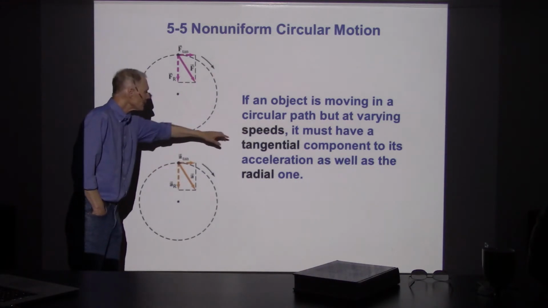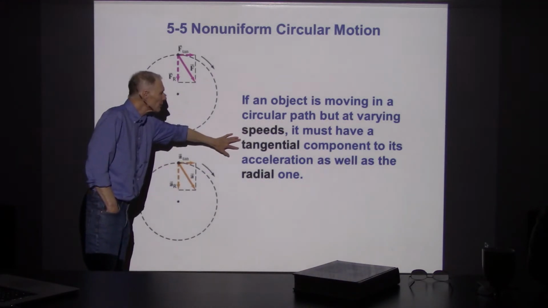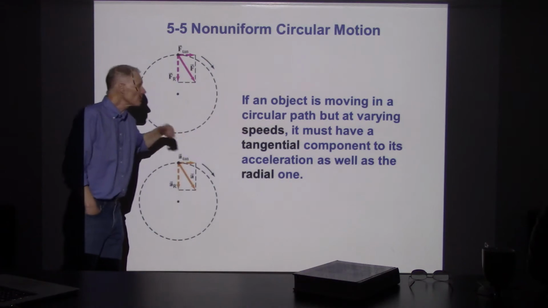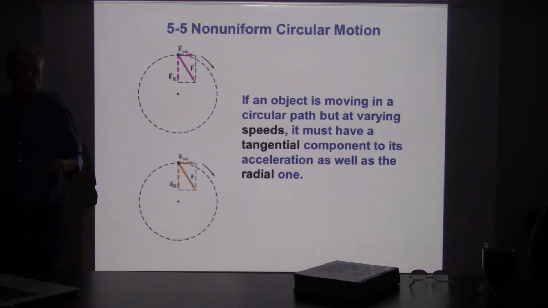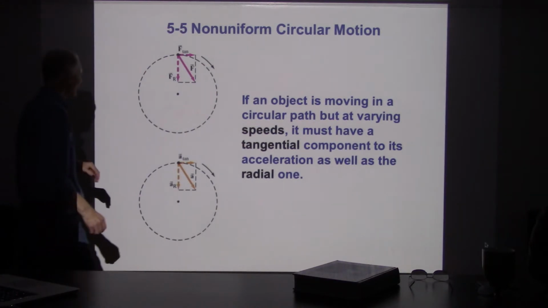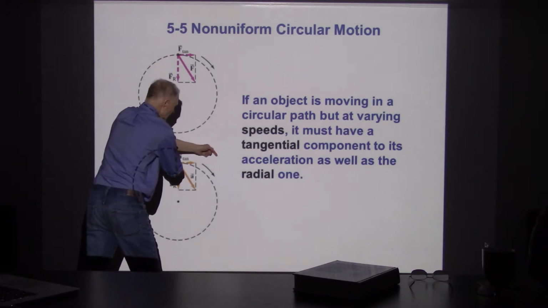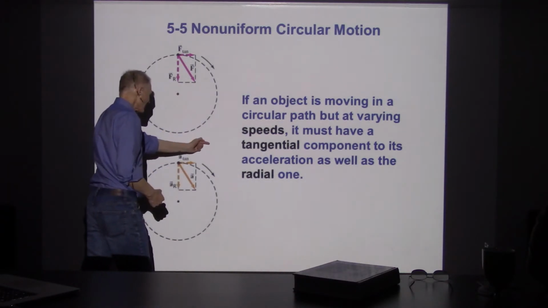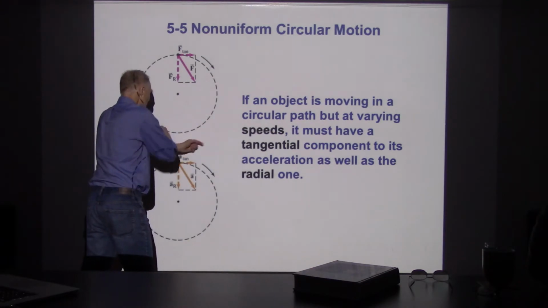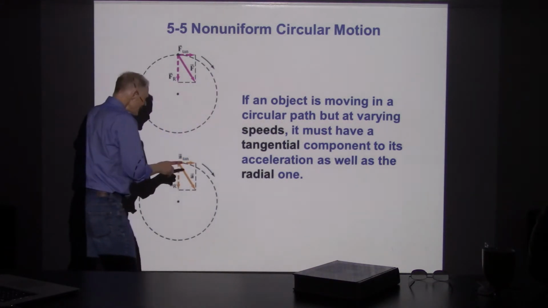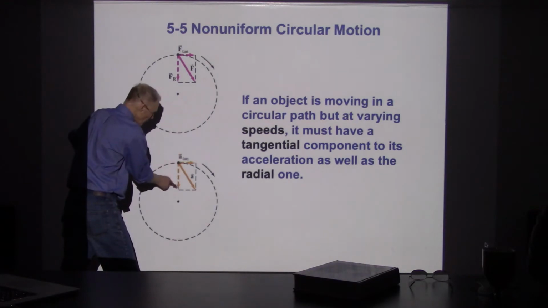We call that the tangential component. Now, it could be a tangential deceleration. It could be I'm going around in a circle and I'm slowing down. So it could be that it's back in this direction. The velocity is in that direction, but the acceleration's here. That's slowing down.